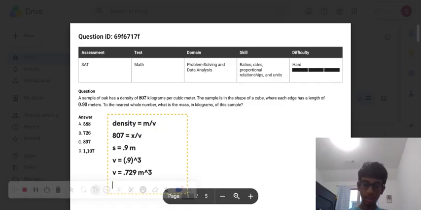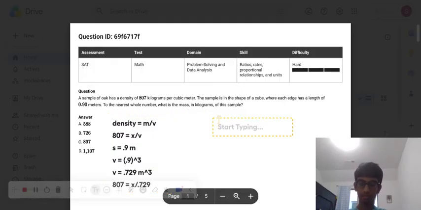We get 807 is equal to x over 0.729, and multiplying both sides by 0.729, you get x is equal to 588.303.